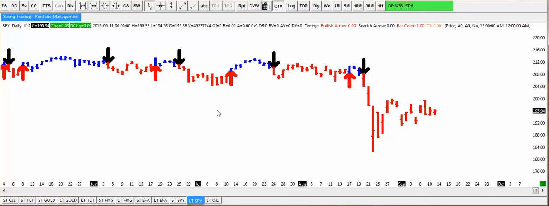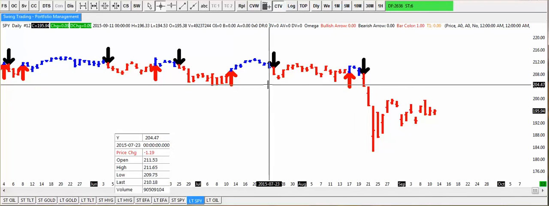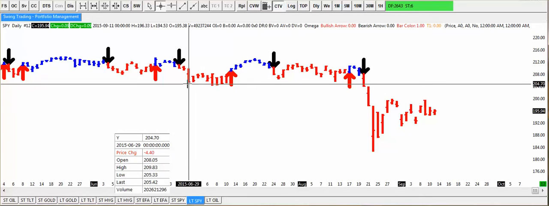So what I want to show you here is a daily chart of SPY, S&P 500. We all know that the market had a massive drop in August. But how many people actually got on the right side of the market? Because we had a lot of controversial arguments taking place on television, radio, etc., telling us that the market is going to bounce at 204 or around that area.